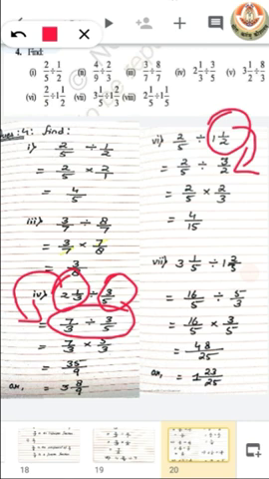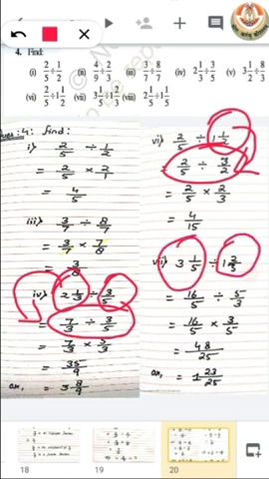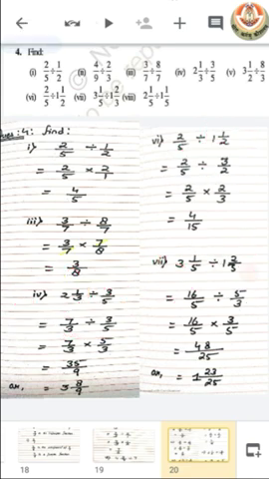Then we will have two fractions for division. And when we have to divide two mixed fractions, we first have to convert both the mixed fractions into their improper fraction form. Then we have to solve them as before.